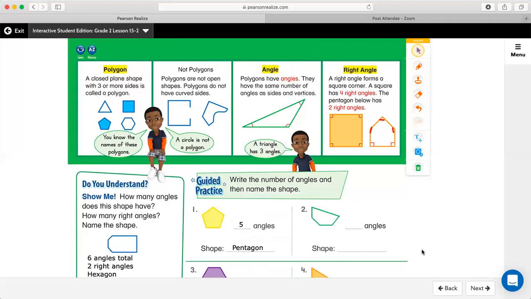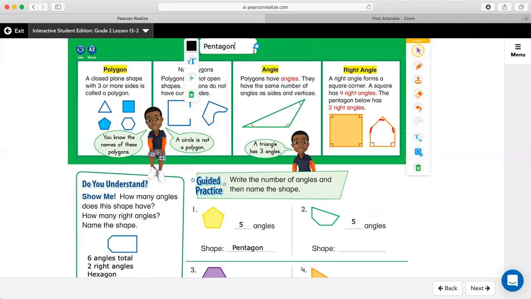So we'll do the next one here, number 2. Okay, let's look at this shape. 1, 2, 3, 4, 5. So again, this shape has 5 angles, and a 5-sided figure is a pentagon.